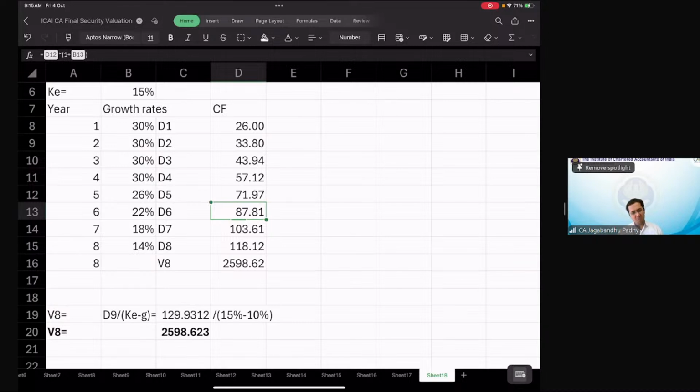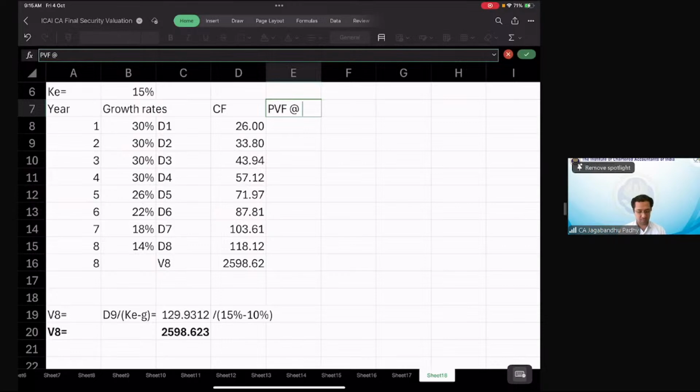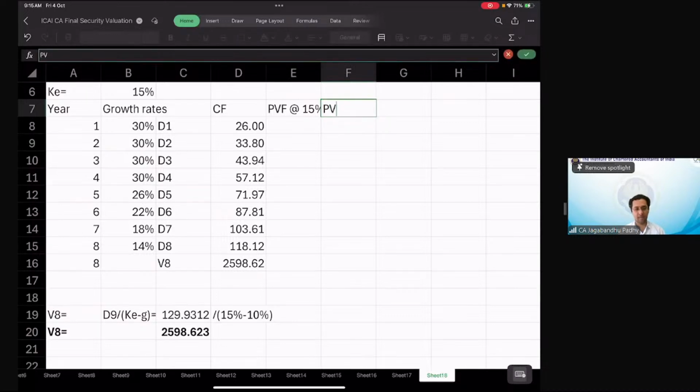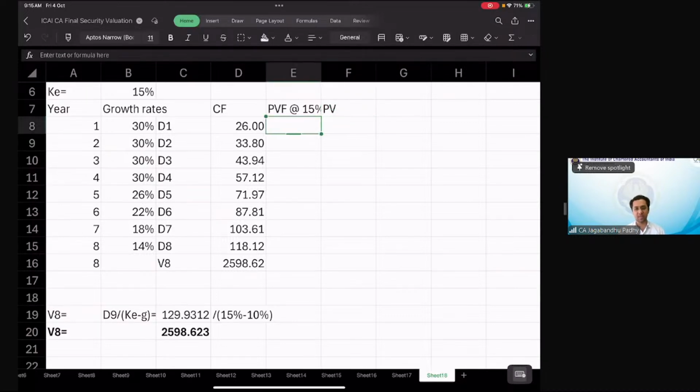We'll write down the PV factors at the rate of 15% and then we take the PV. So PV factor taken at 15%, and then simply derive the PV over here.